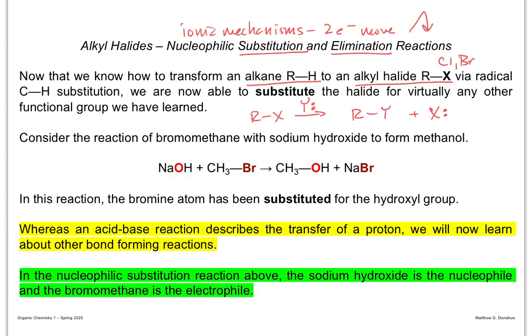The first reaction is called SN2, so substitution, nucleophilic, and the 2 stands for bimolecular. The reaction shown is sodium hydroxide plus methyl bromide going to methanol plus sodium bromide.